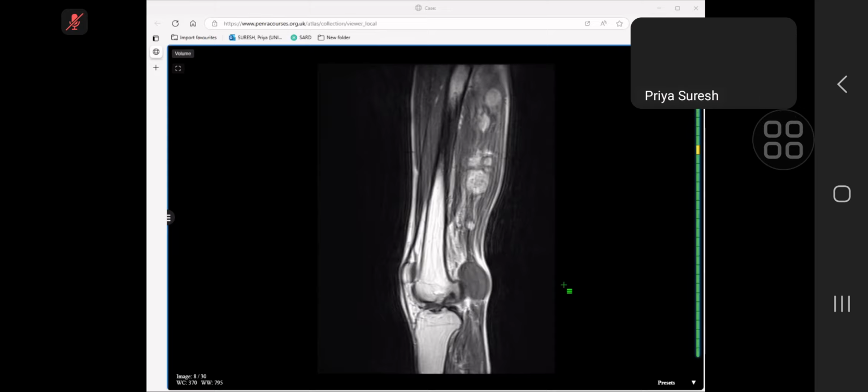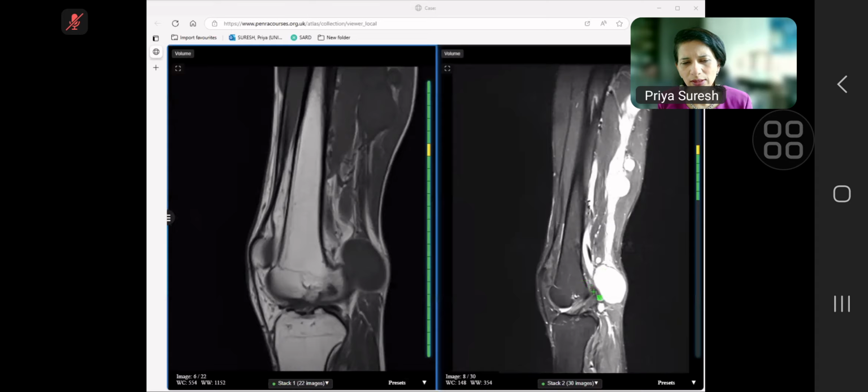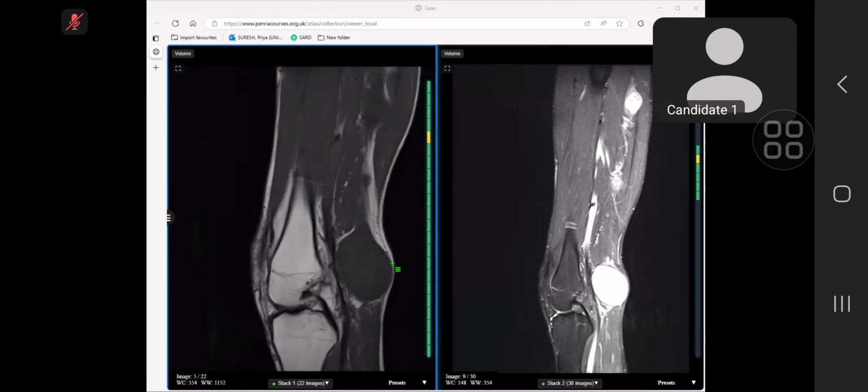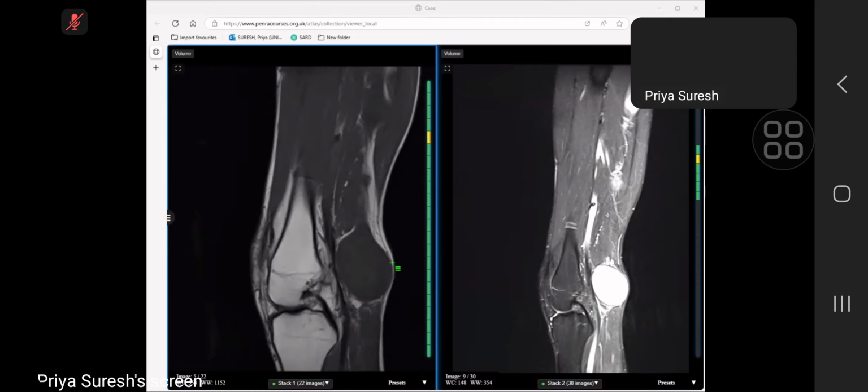But if I show you this again on the STIR, the upper part lesions and the lower lesion have the same signals on STIR and T1 weighted images, but enhancement is different in these two images. So would you be able to explain the non-enhancement of this lesion?